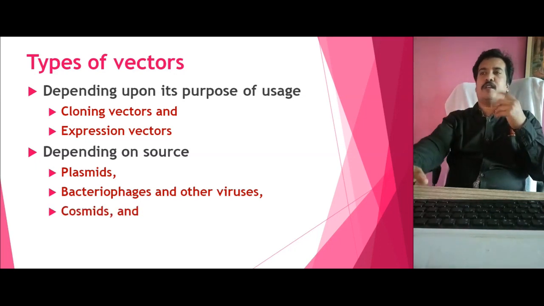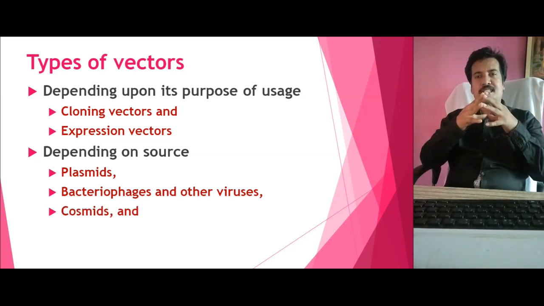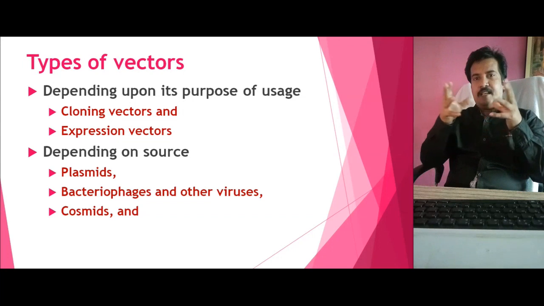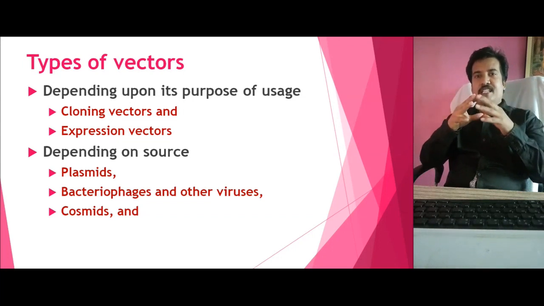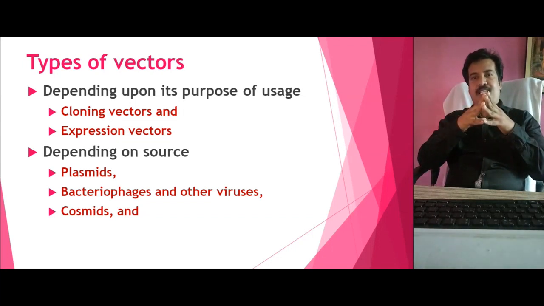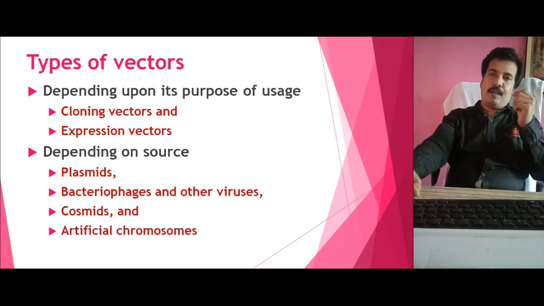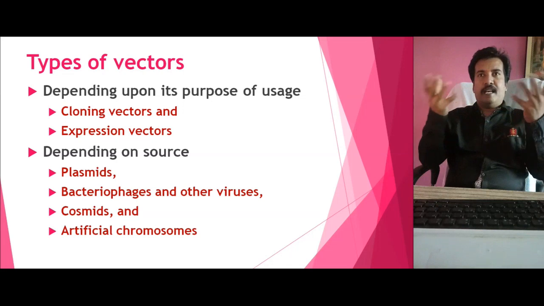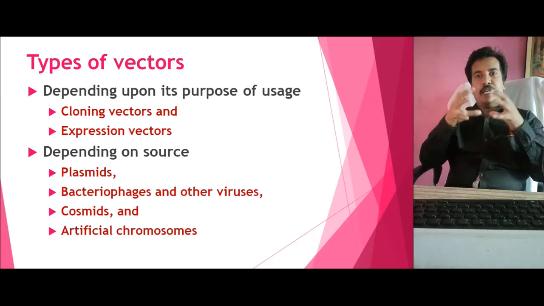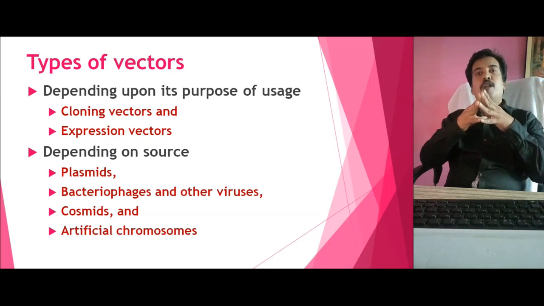And third is the cosmid. A cosmid is a chimera of both the plasmid and a phage vector. That is, a cosmid is an artificially constructed vector obtained from a plasmid and phage, carrying both characteristics. The fourth one: since we need insertion of foreign DNA of large size, there was a need for construction of larger vectors.